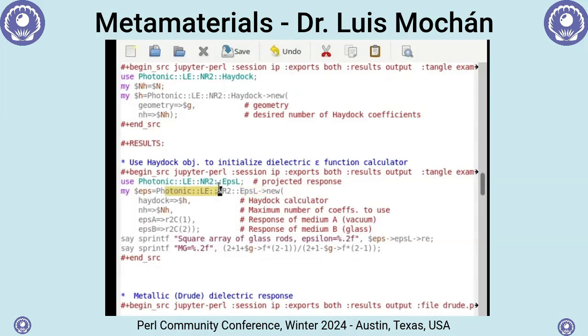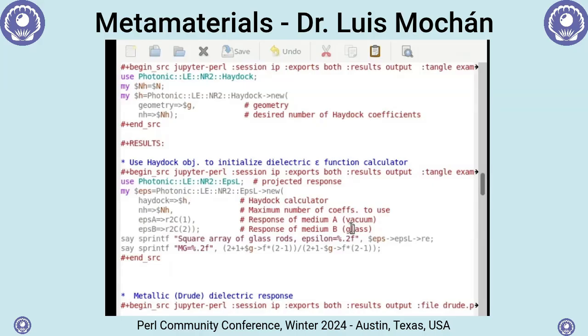So I initialize the epsilon, the electric function calculator, with the Haydock calculator, with the number of desired Haydock coefficients, with the electric function of the host, which in this case I took vacuum, the electric function of the system, which in this case I took glass, epsilon equals 2, and I just print the macroscopic response.